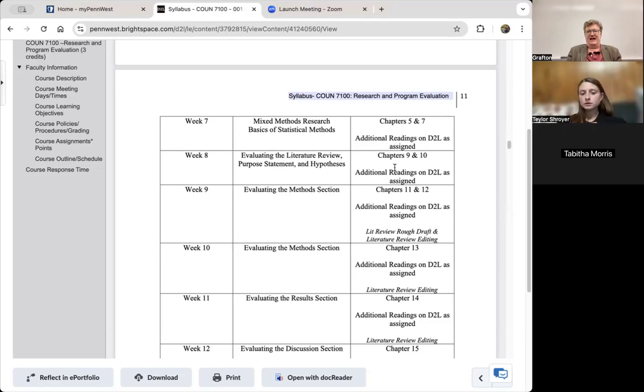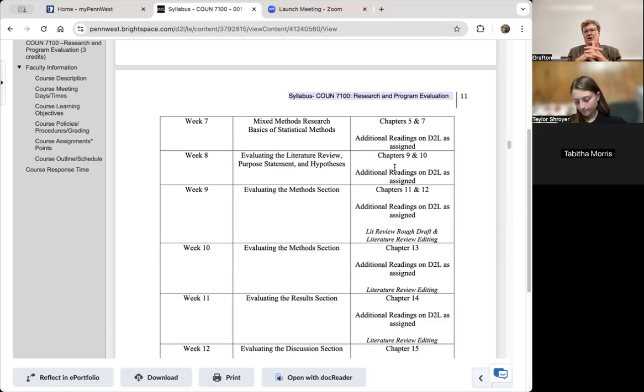On week 9, your lit review rough draft is due. And we're going to go over the next few weeks exactly what goes into that paper. I have an outline that I already uploaded, and you can be reading some of the things that I've uploaded to give you an idea.